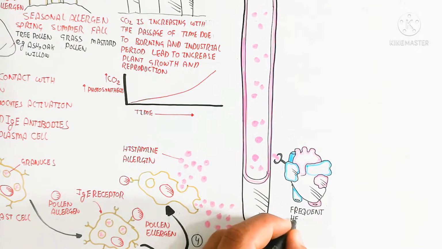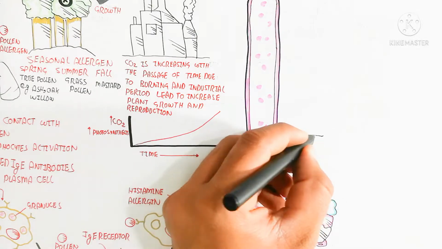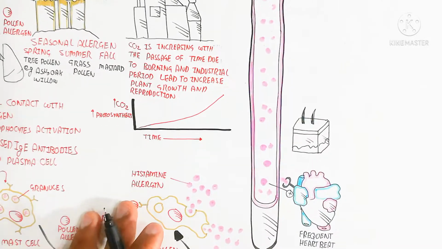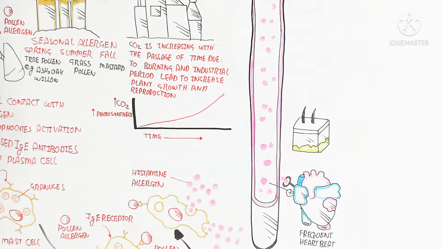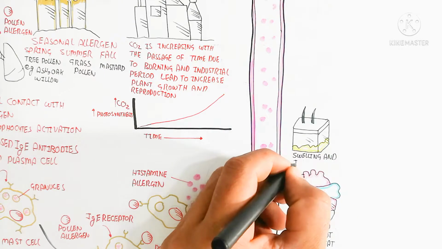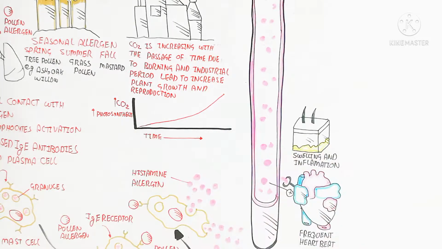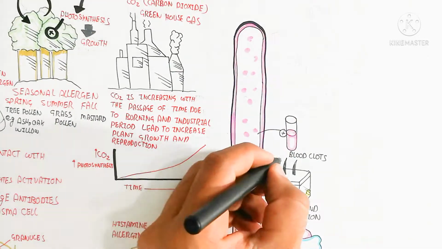So it will target the heart tissue. The heartbeat frequency will increase, because the histamine binds with the histamine receptor, leading to frequent heartbeat. After this, swelling and inflammation of the skin will occur, which can show rashes as well as other allergic reactions.